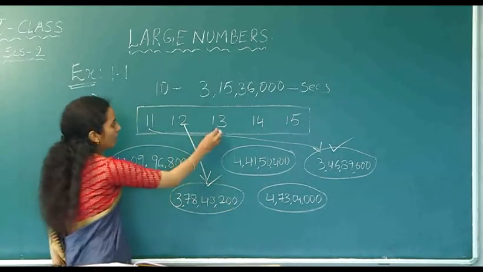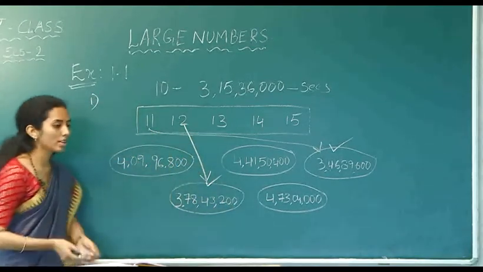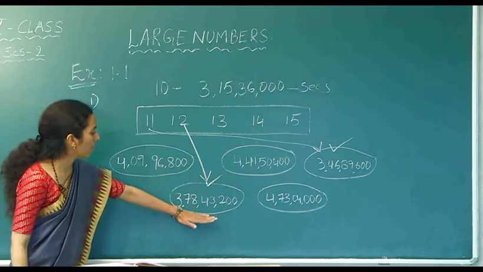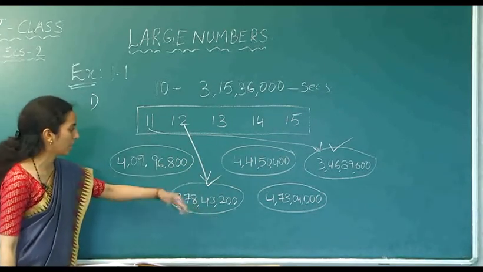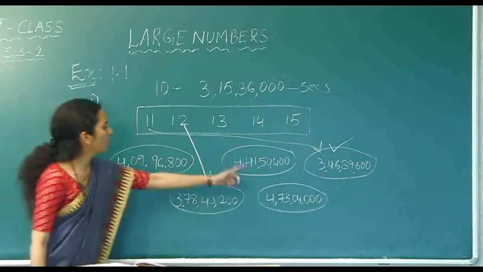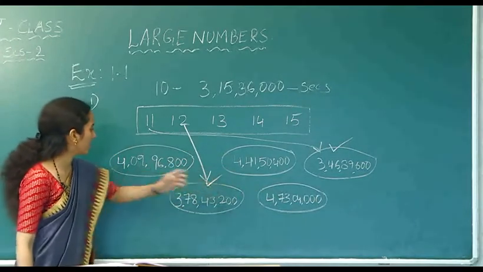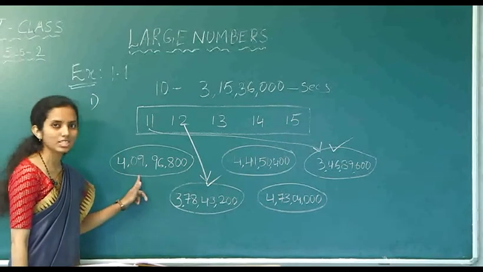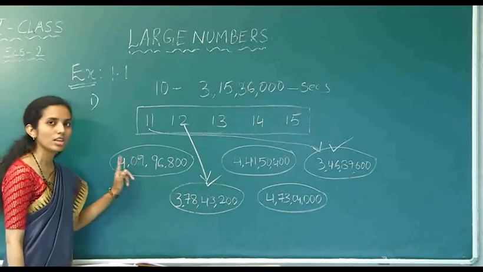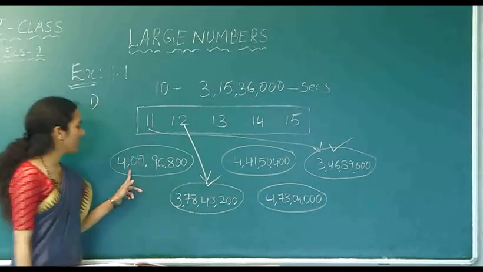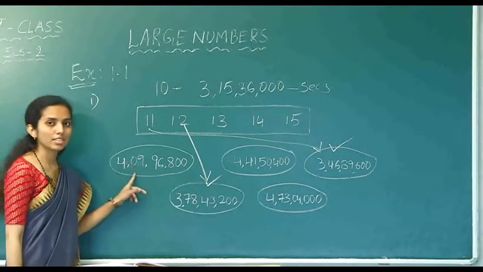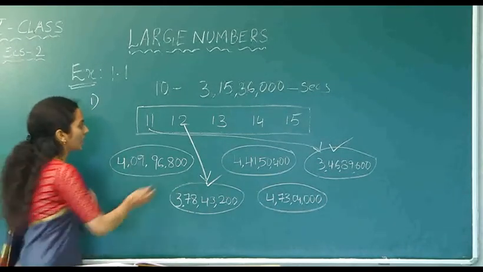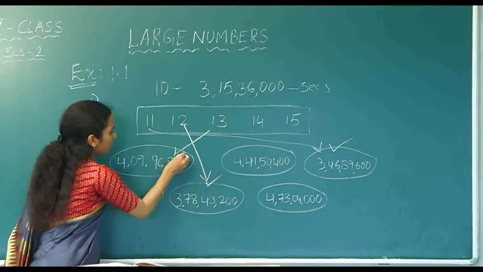43,200. And the 13-year boy, what does that mean? The number bigger than this number, the immediate number. So there are 4 crores in the 3 numbers, but here if you see, there is no 10 lakhs digit. The 10 lakhs digit is 0. So obviously this will be the seconds living span of the 13-year-old boy.